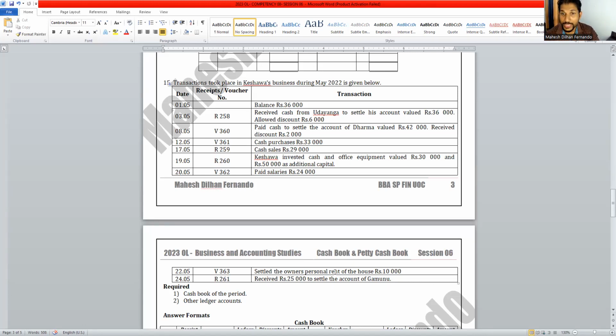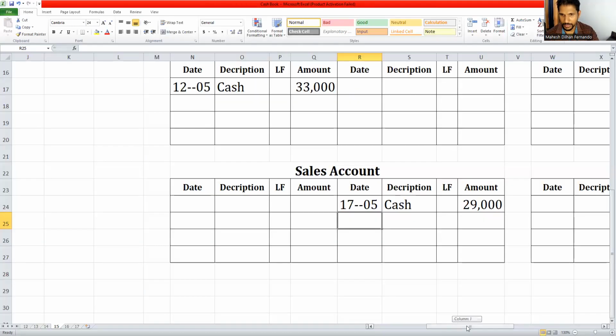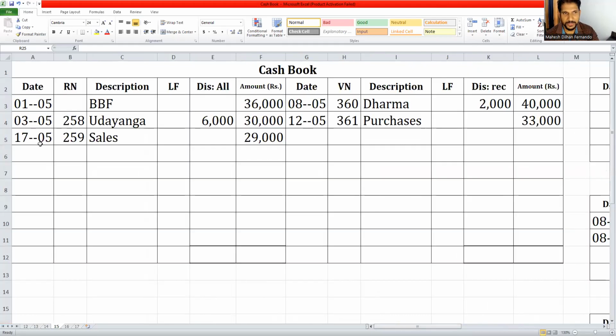In the cash book, I have to record only 30,000, because this 50,000 is not cash. It is office equipment. It's a cash receipt anyway.